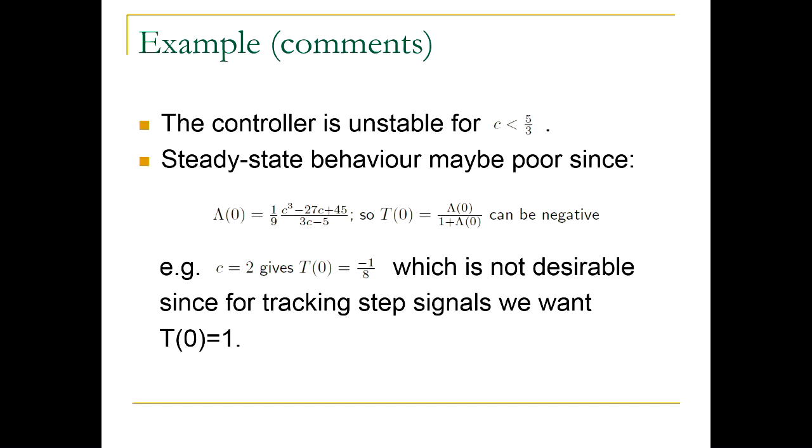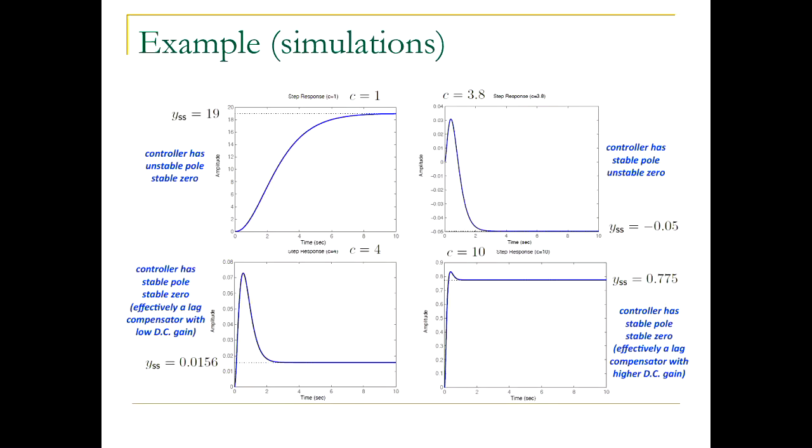Why? Because in the steady state errors, we want to assure 0 steady state error for step references. We will need to have complementary sensitivity equal to 1 at 0. Complementary sensitivity at 0 should be equal to 1. And if you simulate for different values of c, what is given here is step responses for c equal 1, c equal 3.8, c equal 10, c equal 4.